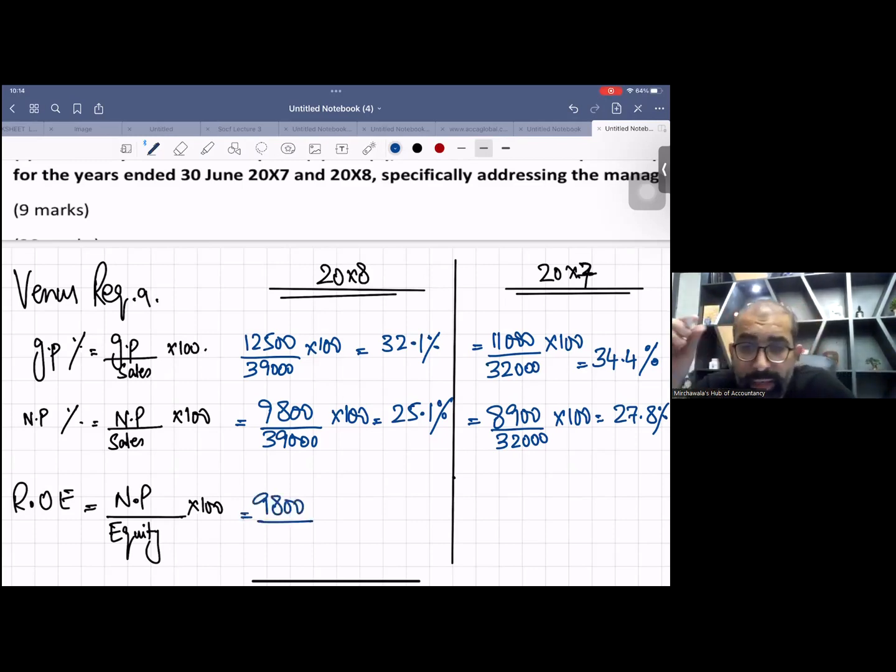And I just highlighted the shareholder equity packet. Remember, the shareholder equity was 87,500, including NCI. That gives 11.2%. Okay. Then you have last year 8,900.